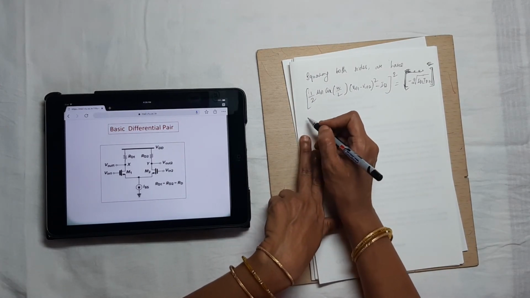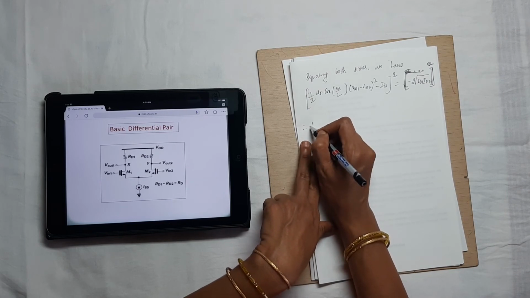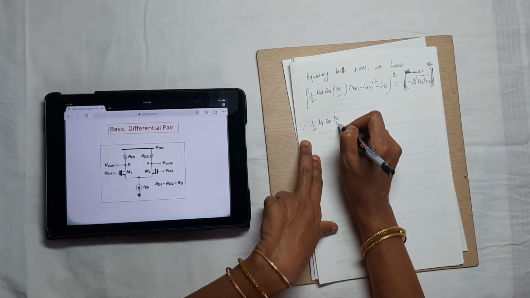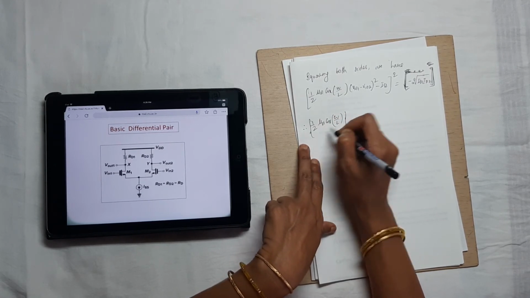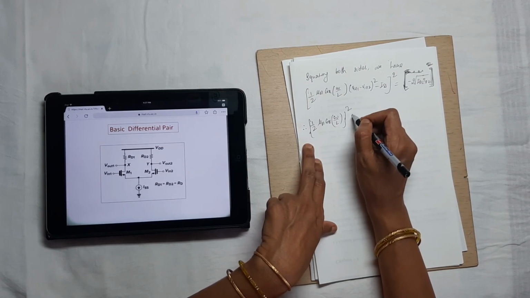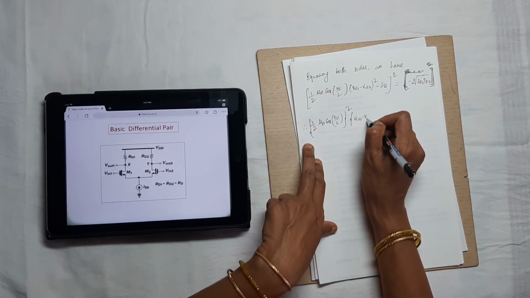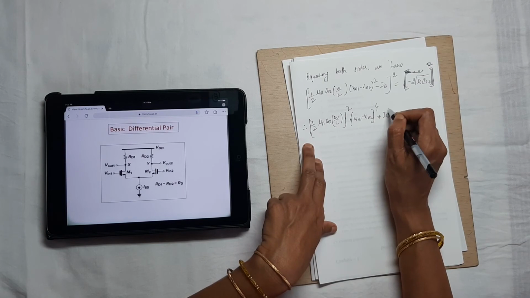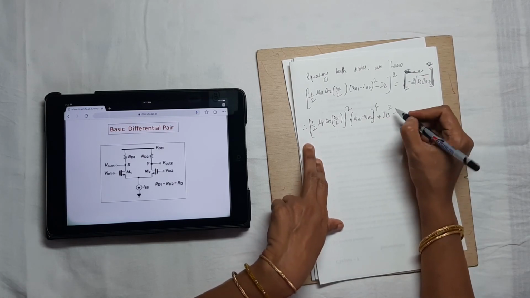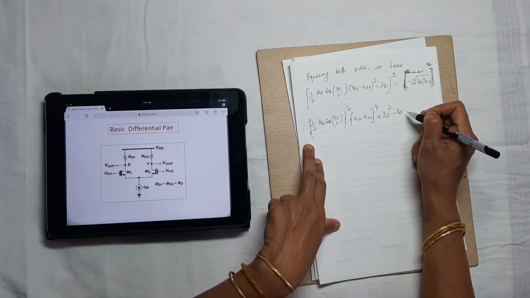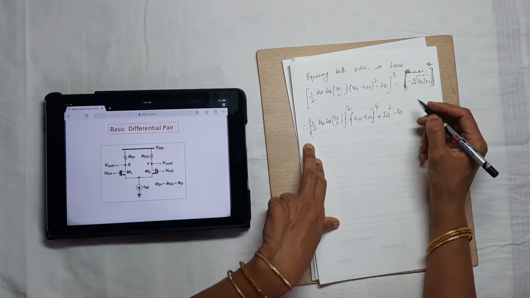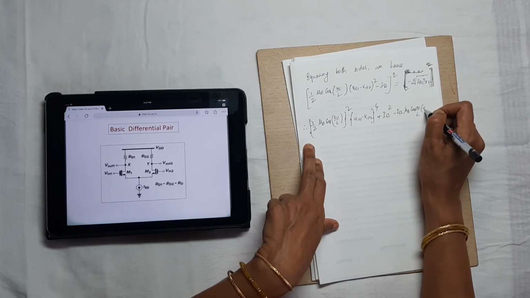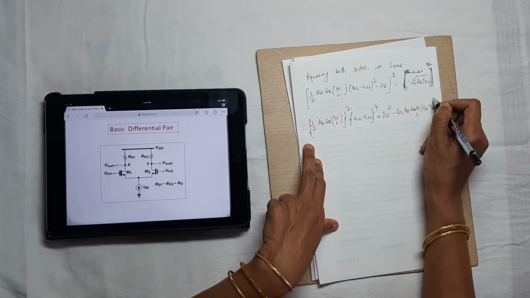We will get it as, therefore, half mu n C ox W by L square (V in 1 minus V in 2) to the power of 4 plus ISS square minus ISS mu n C ox W by L (V in 1 minus V in 2) whole bracket square. It is same as A minus B whole bracket square.